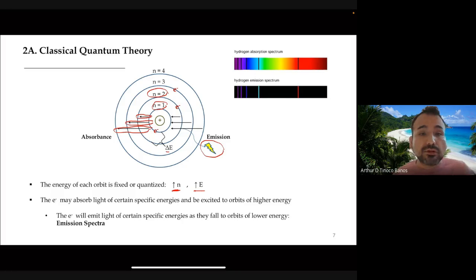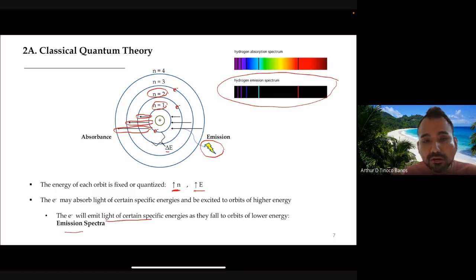And that is what constitutes the emission spectra. As the electron emits light of certain specific energies as it falls to orbits of lower energy, we obtain what is known as the emission spectrum. And here is the representation of those lights that are observed as a consequence of this atomic spectroscopy.